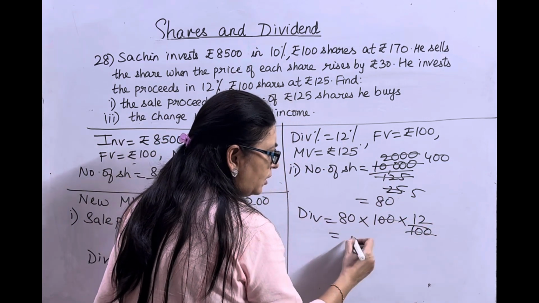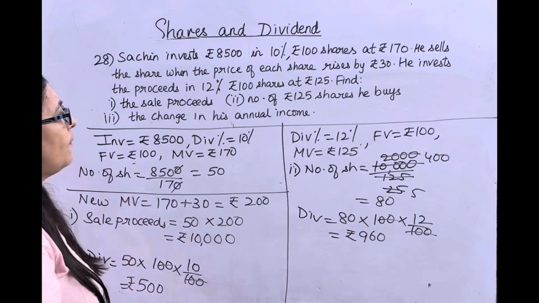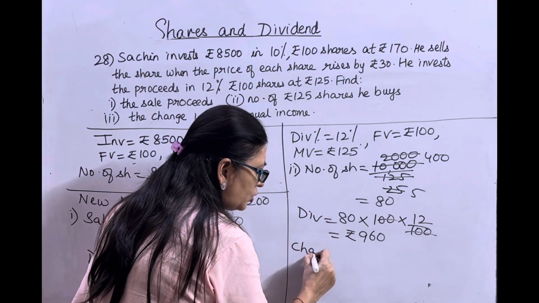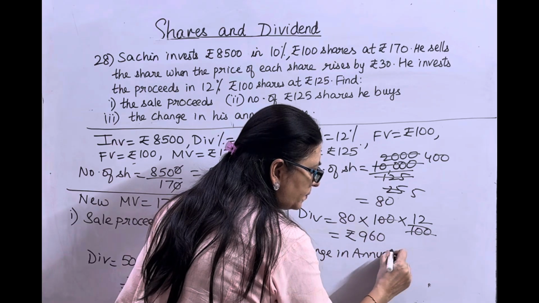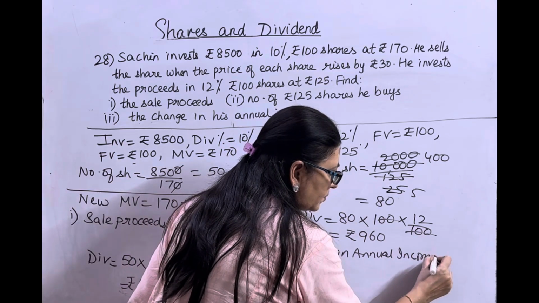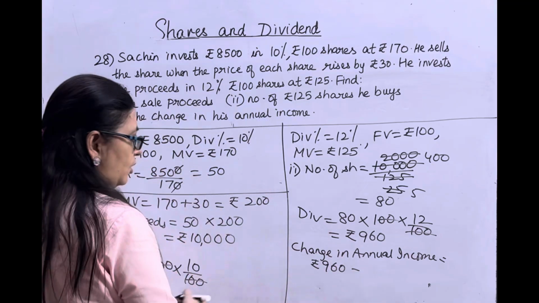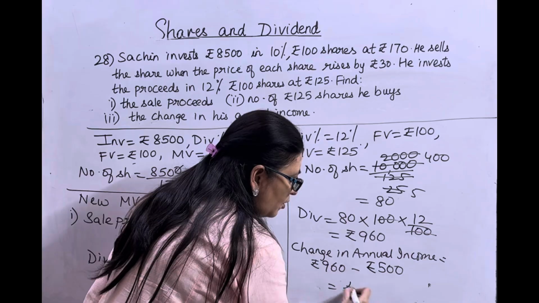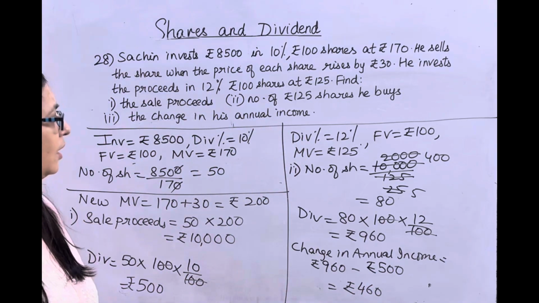Zero cut. So rupees 960. What is the change in the annual income? So you will subtract it. So change in annual income is rupees 960 minus rupees 500, which is rupees 460. Right? Is it clear? Understood?